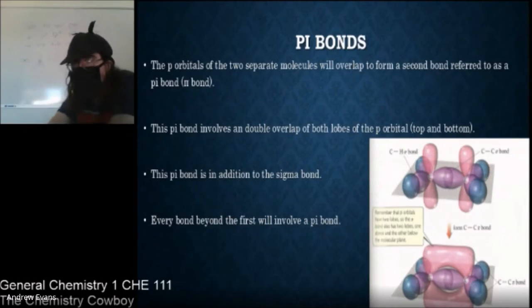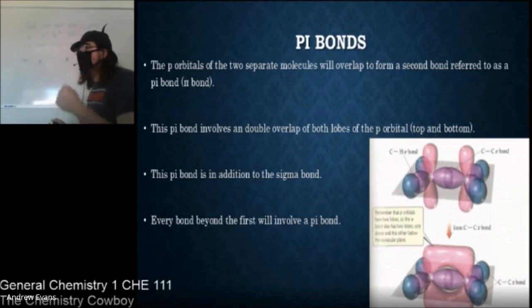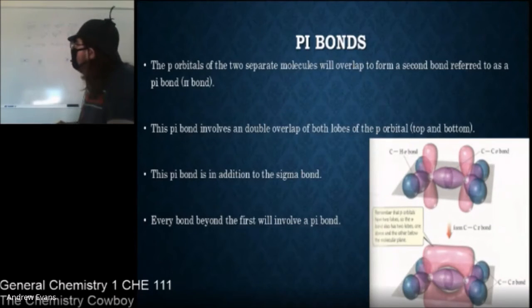This pi bond is from a double overlap, usually between 2 p orbitals. As you see here, this guy is sp2 hybridized. It's 2 trigonal planar molecules coming together. You have 2 p orbitals, one on one atom, one on the other atom.